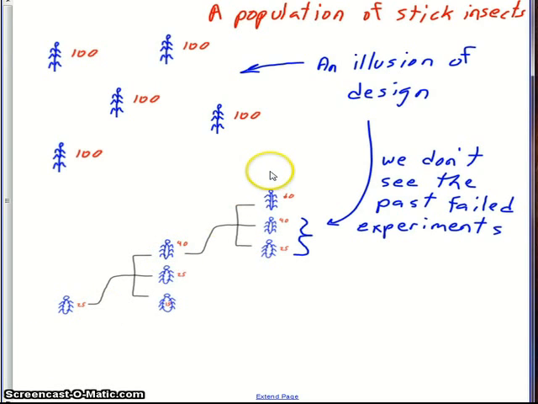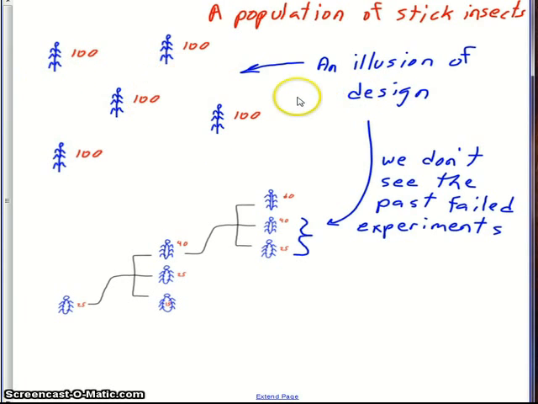And so, from Darwin's point of view, the adaptations of stick insects today present us with a kind of illusion. There's an illusion of design here. It looks like these creatures were well designed for a stick-like environment. But what we don't see are all the past failed experiments in the long history of evolution of this species. So when we come upon a well-adapted species, it's natural to think, wow, look at these adaptations, and maybe there was some intelligent mind that has designed these adaptations.